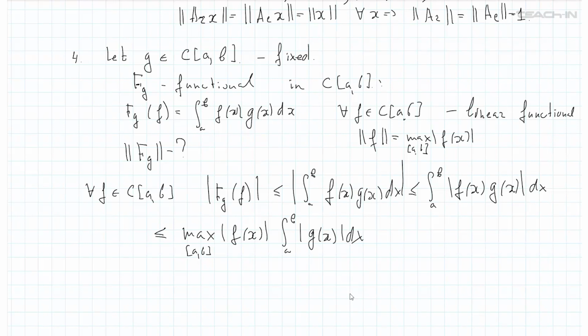Yes, the L1 norm of g, but we only showed this estimation, that the norm of our functional is less or equal to the norm of function g in L1. We show only this. But we know that for f(x) equal to signum g, we just obtain the answer.